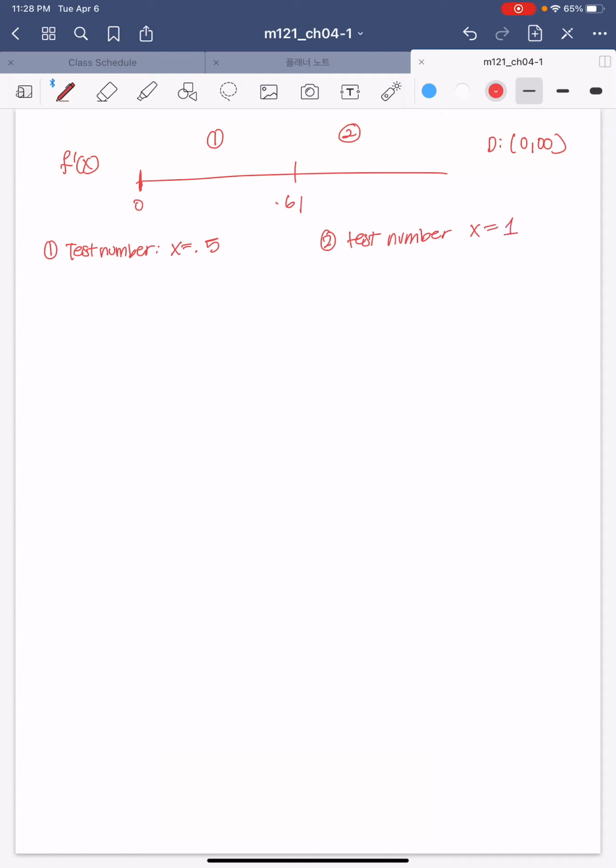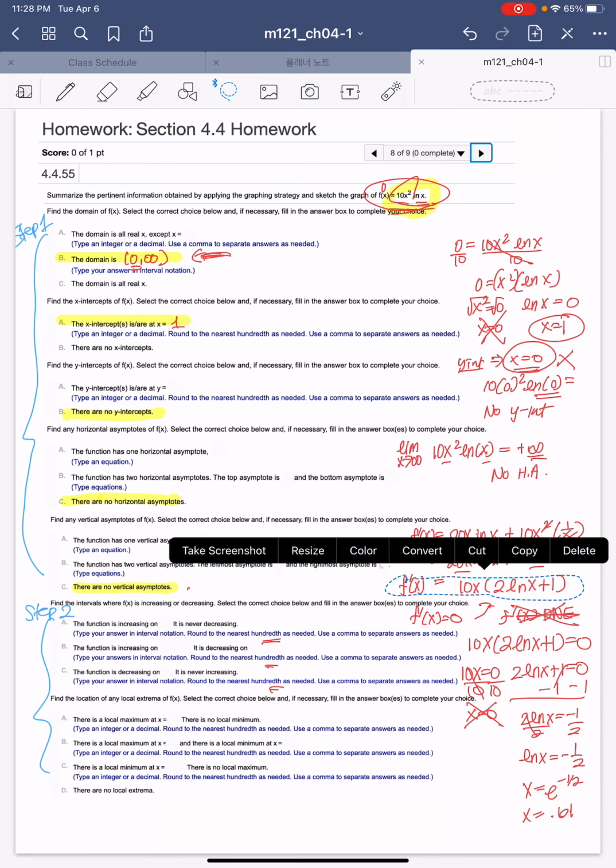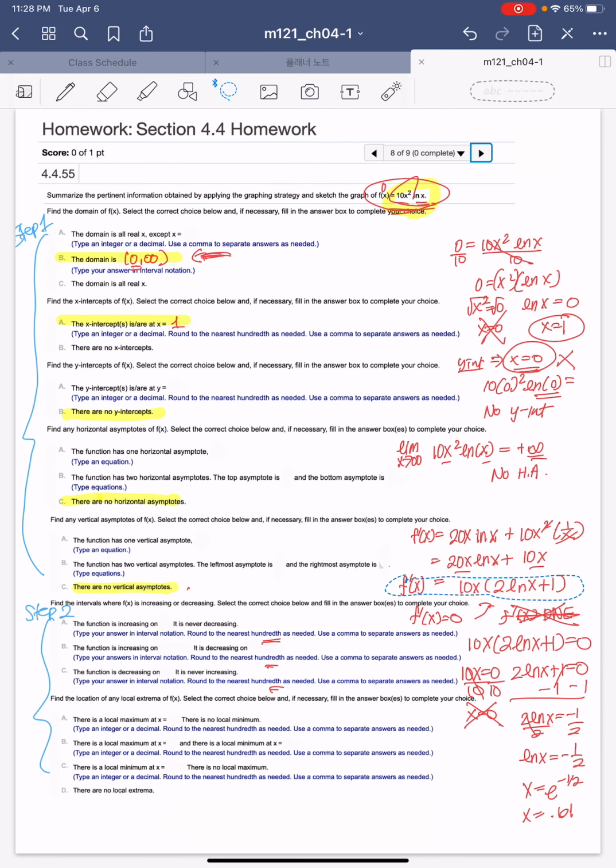Okay, let's plug it into our first derivative function, which is right over here.